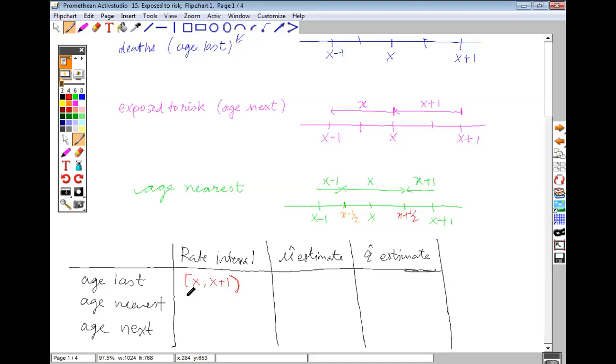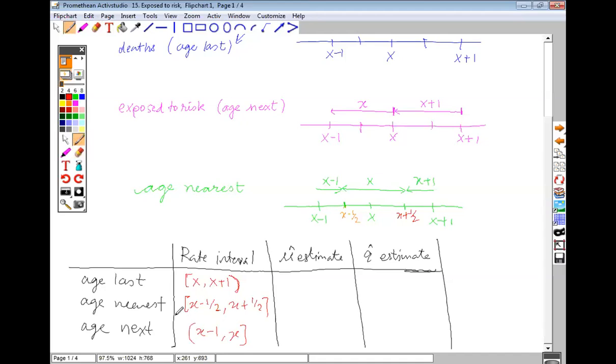So I will again write X minus a half and X plus a half. And if I'm looking at age next, the time when I'm aged X is X minus 1 to X. So all I will have here is X minus 1 to X. And to be precise, this should be a curly bracket.